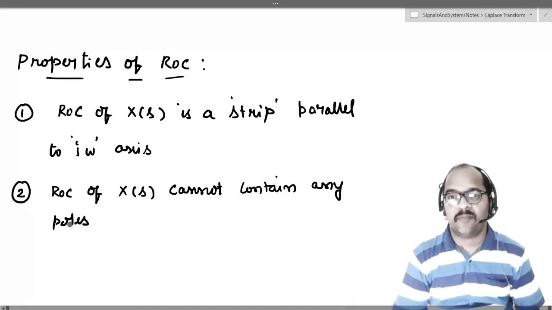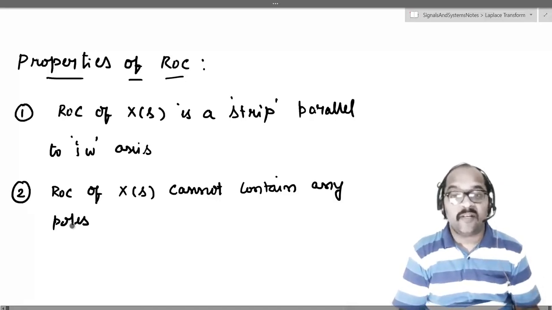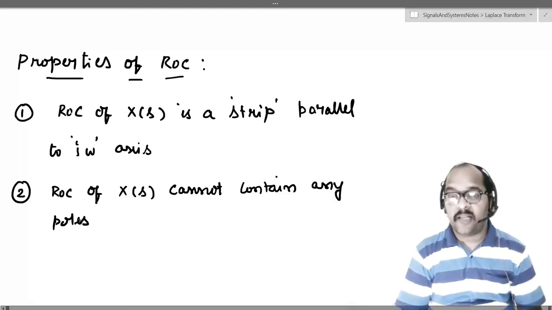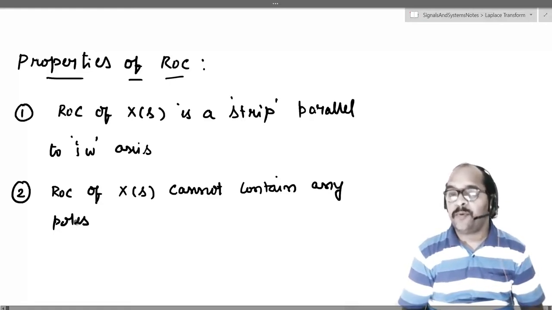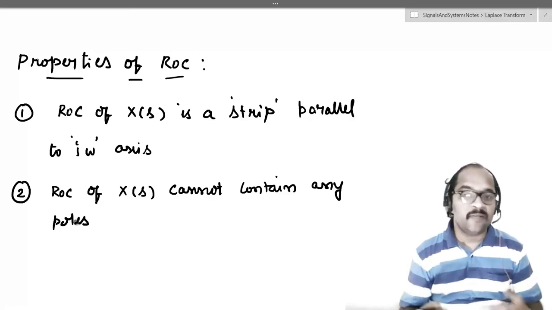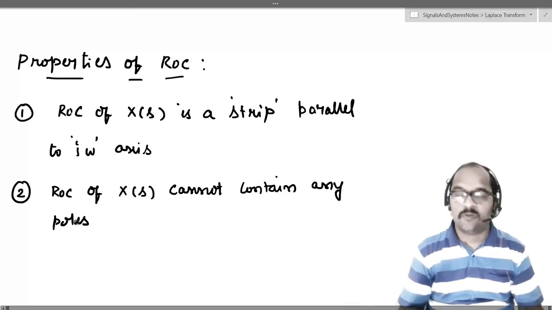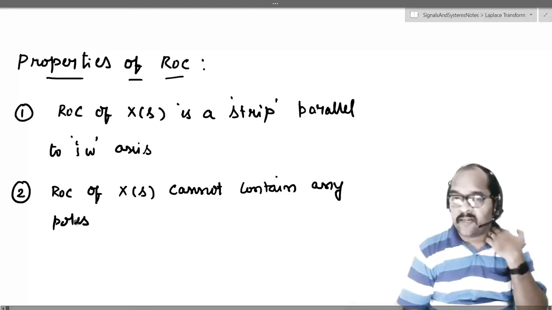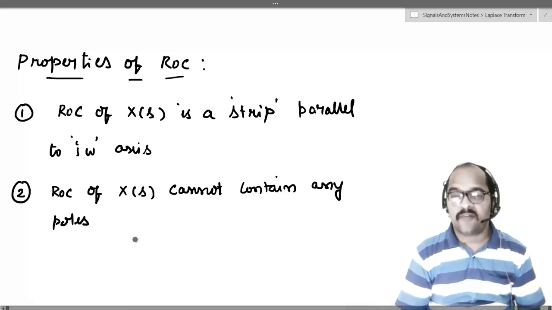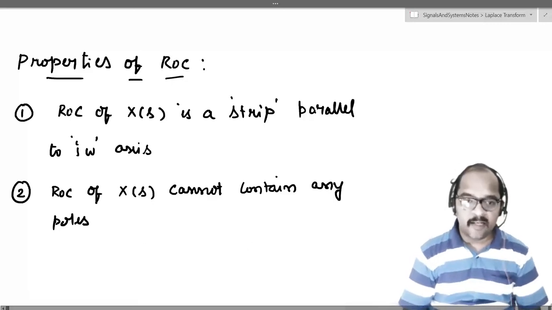The Laplace transform will become infinite, meaning it is diverging, but we want the region where the Laplace transform converges. So that region should not contain poles. Hence the requirement is that the region of convergence should not contain any poles.